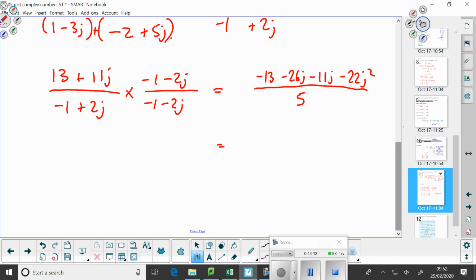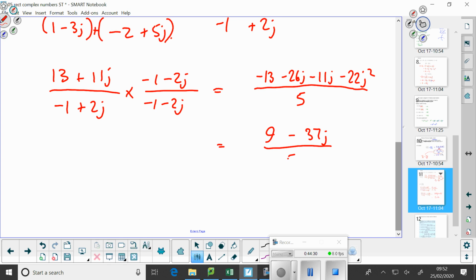J squared changes to a plus, so that's minus 13 plus 22, which is 9. And minus 26 minus 11 is minus 37j.